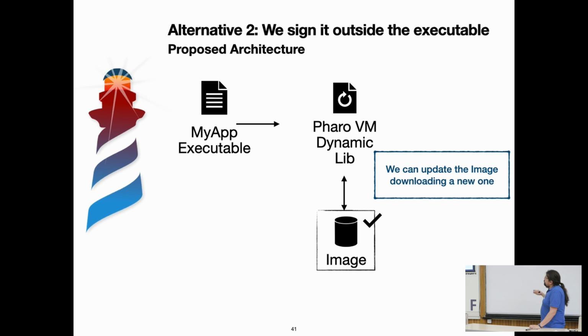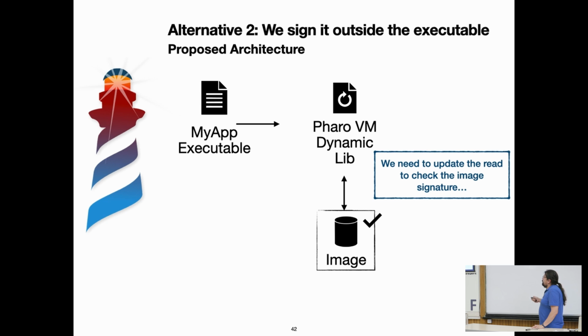For alternative 2, the idea is that we can also have the application signed by ourselves. Yes, we can sign the application using cryptographic tools. The good thing about this is that we can update the application just by updating the image, but we need to also modify our reading of the application to check this image.